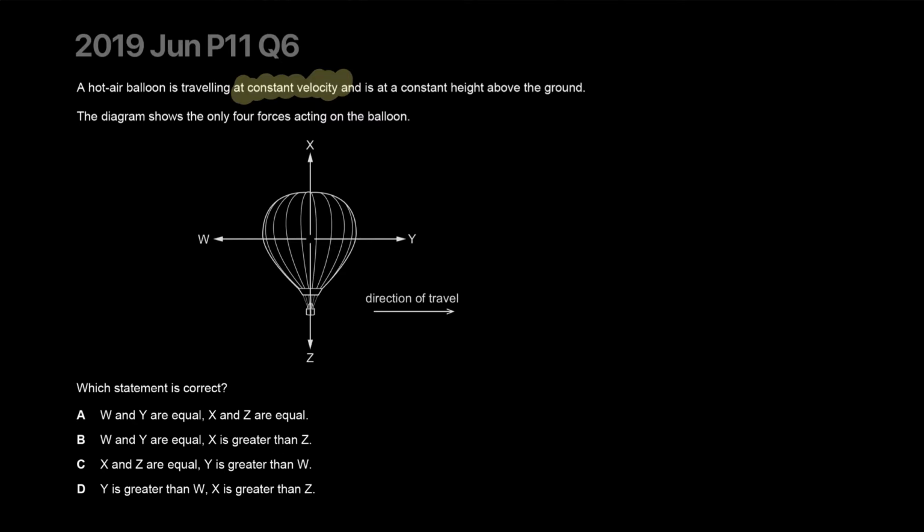Constant speed tells you what about acceleration? It's 0. So the sum of all forces, the net force, is 0 because it has no acceleration. All the forces must be cancelling out.